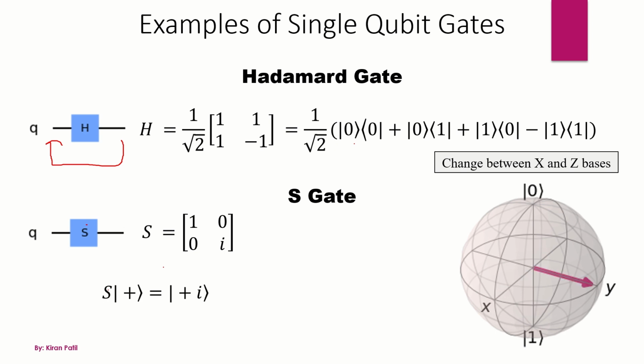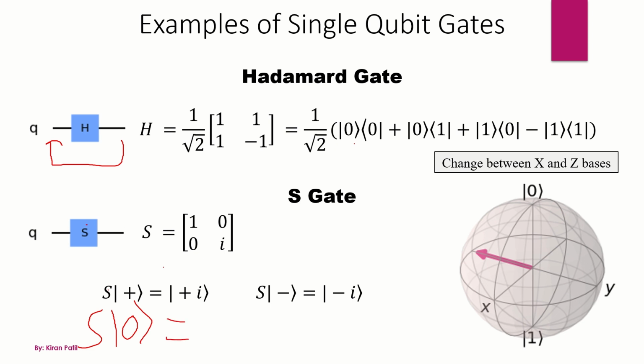So when we are applying the S gate on |+>, we are getting the answer as |+i>. And when we are applying the S gate on |->, we are getting the answer as |-i>. Similarly, you can calculate the S gate on |0>. The answer for this is |0>.